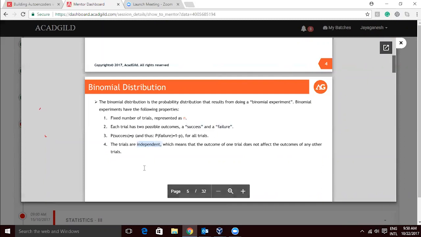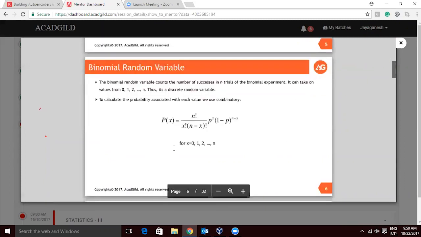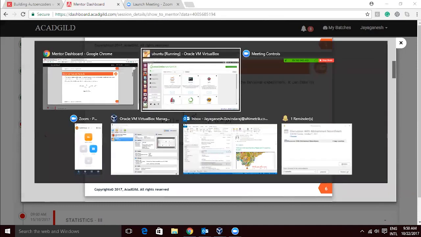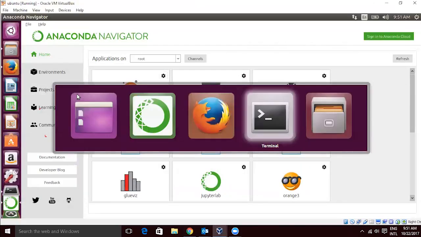That's completely independent, and every trial follows that. Now we define the probability distribution function for a binomial distribution, as we already discussed.